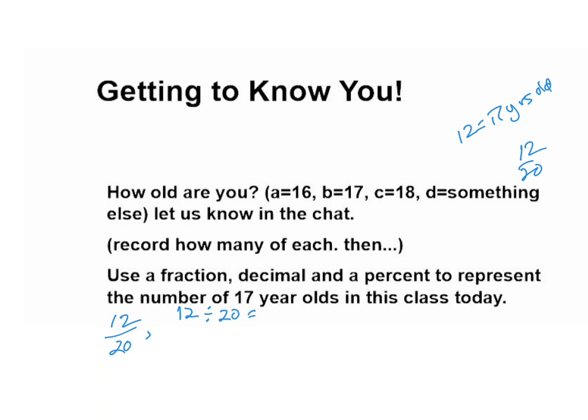And if you plug that into your calculator, you get 0.6. And to figure out what the percentage is, you would take 0.6 times 100, and you would get 60%. Hope you got those right. If not, I hope you figured out what you're going to do right the next time.